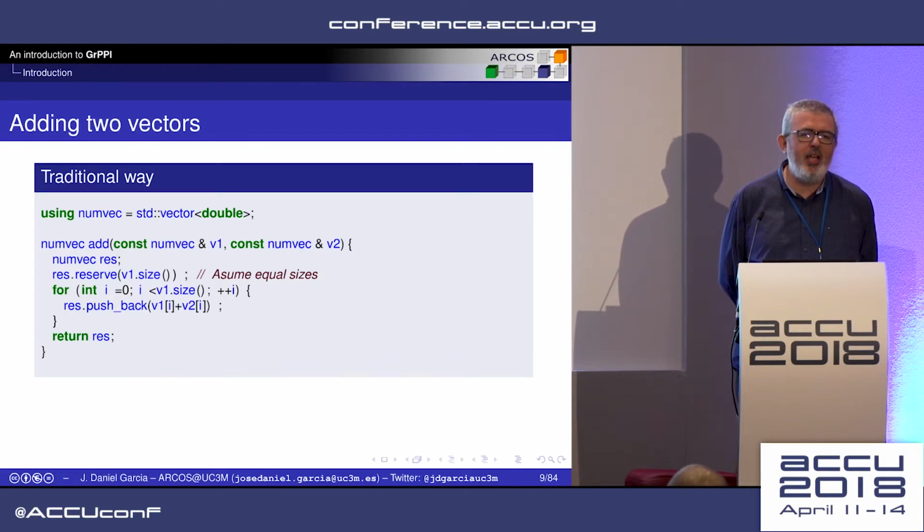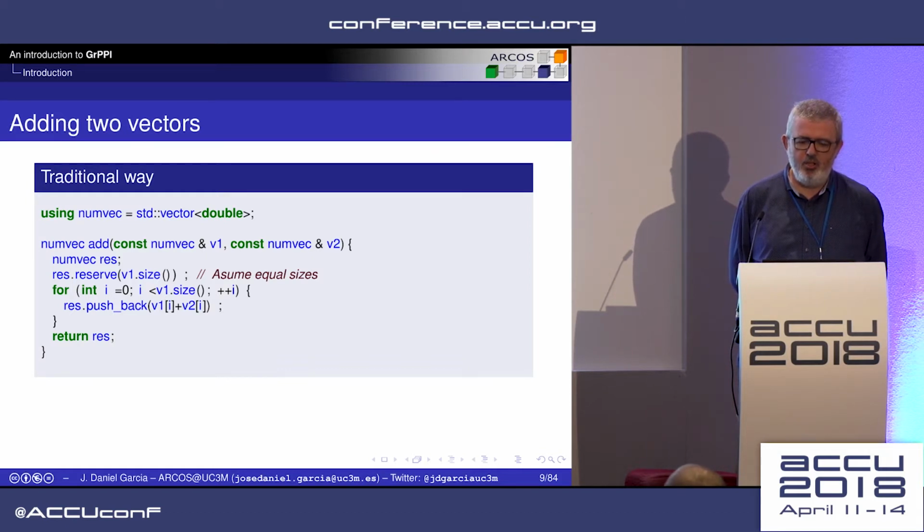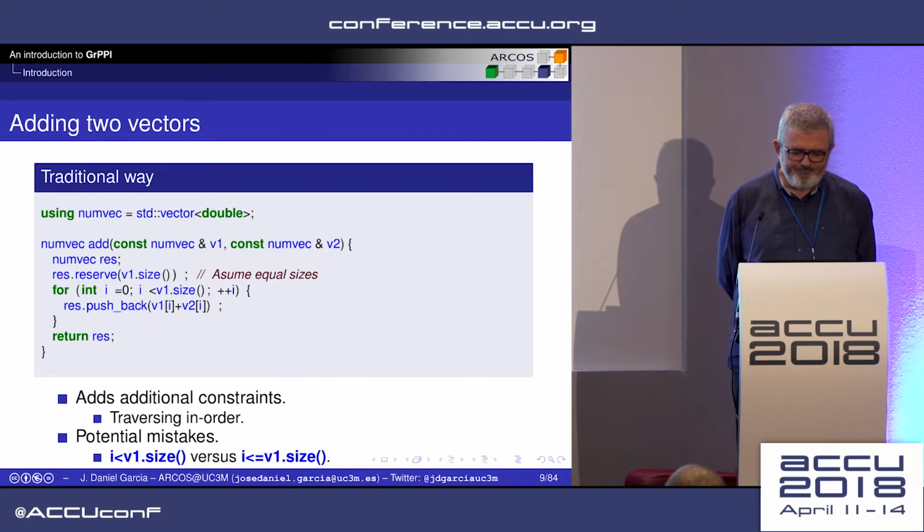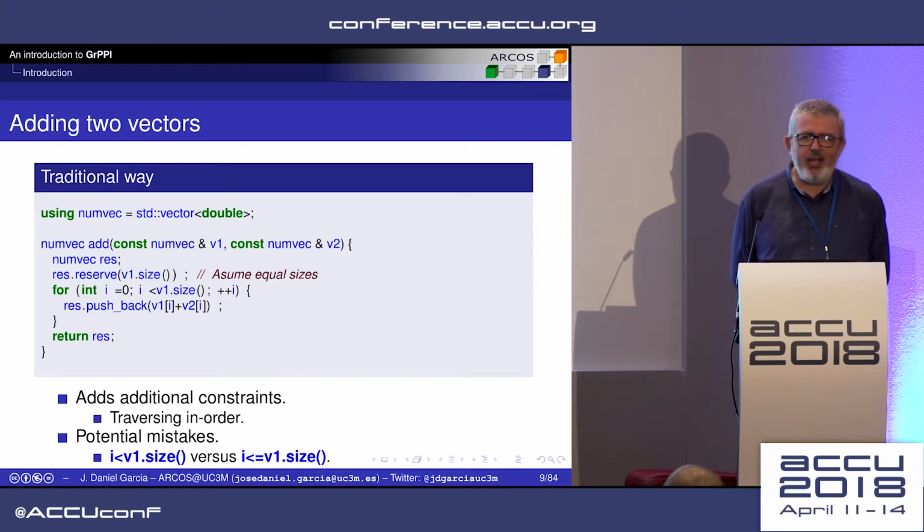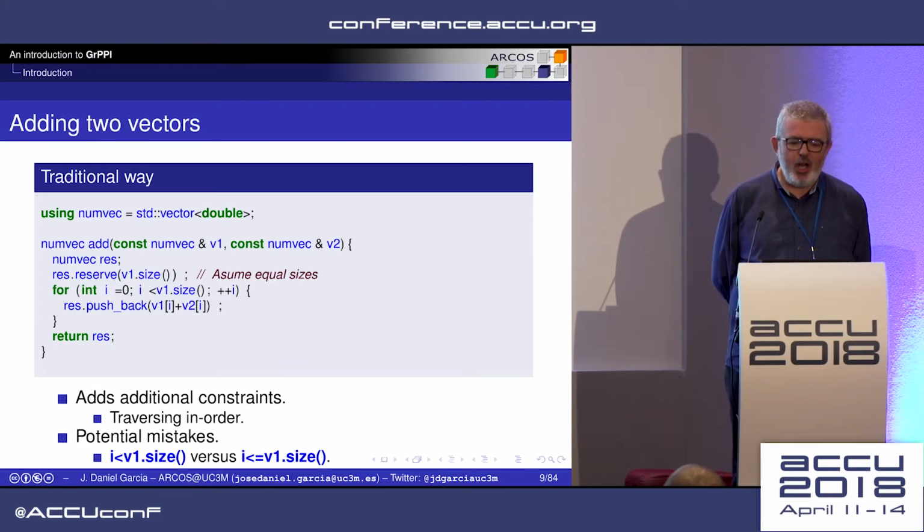I could do it in any other order, and that would also be okay. The problem is that I am introducing additional constraints to traverse the vectors in a specific order. And this also opens the door for potential mistakes.